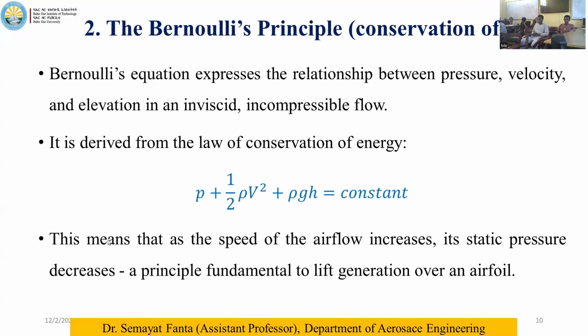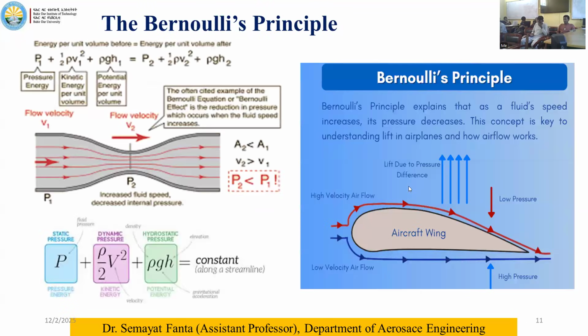So what does this mean? As the speed of the airflow increases, its static pressure decreases. And this is the principle fundamental to lift generation over an aerofoil. We already discussed how lift is generated over the aerofoil in our previous course. In the aerofoil, at the top section, there is a cambered aerofoil effect, and because of that there is high velocity.